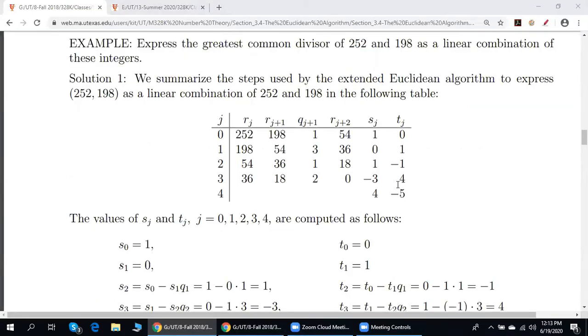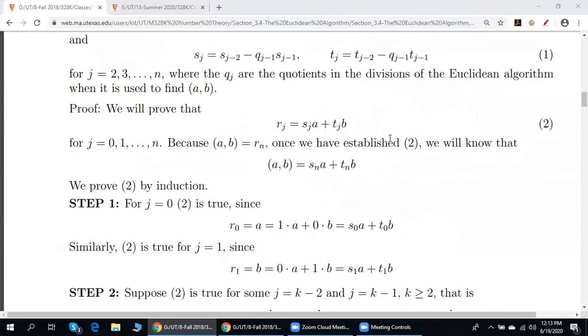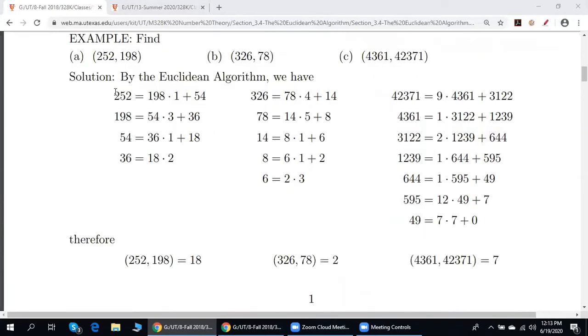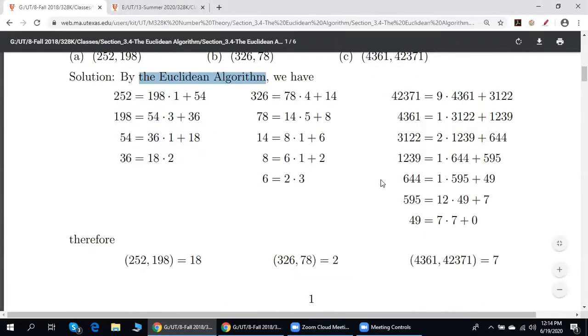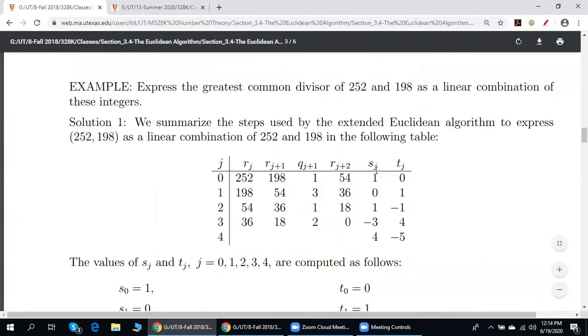So if we only need the greatest common divisor, either you use this approach or you use this table without the last two columns.